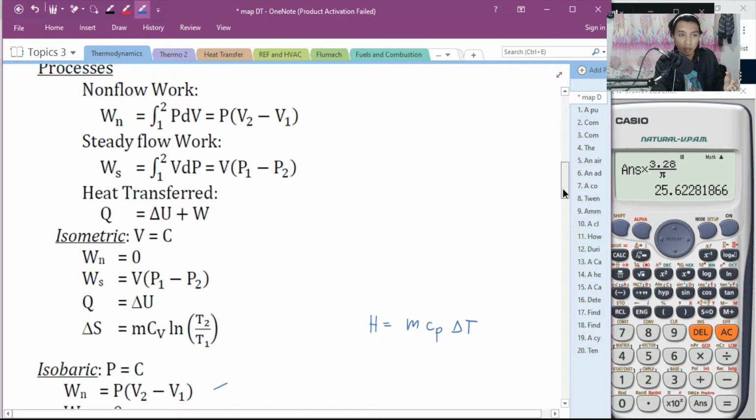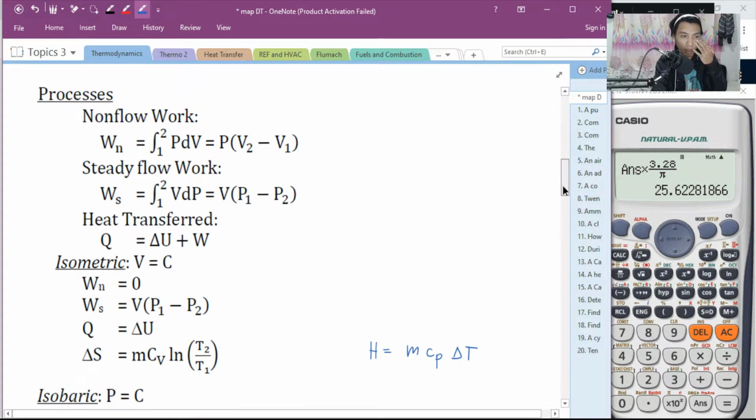Commonly, pag work non-flow, you go here. Okay? Yung heat transfer mo is equal to delta U plus work. Yang hinahanap mo non-flow, that is equal to delta H kapag isobaric process. Okay? So, going back.